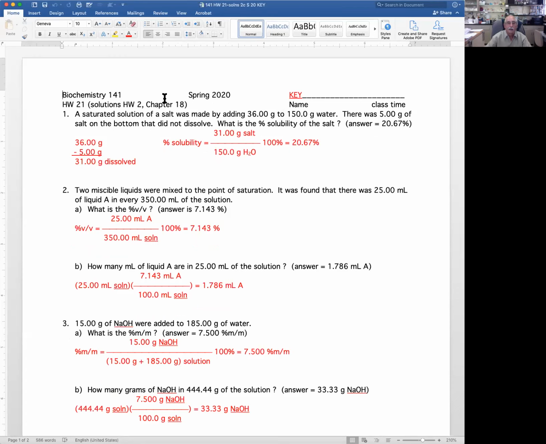There was 5 grams of salt on the bottom that did not dissolve. So what is dissolved in the water? Not 36 grams, but 31 grams. So we had 31 grams of salt dissolved in 150 grams of water. Okay. So get grams per gram, multiply by 100 to turn it into parts per 100, is about 21%. That's the percent solubility.